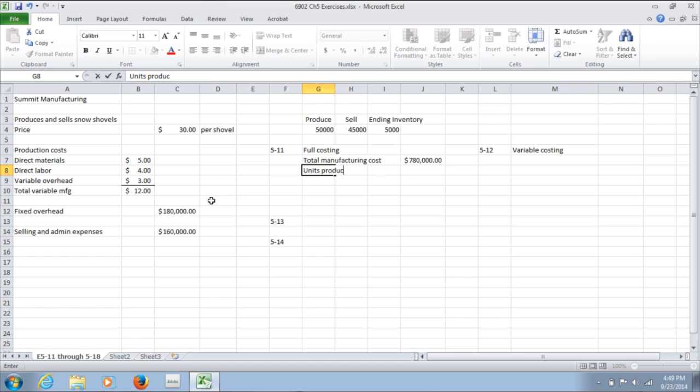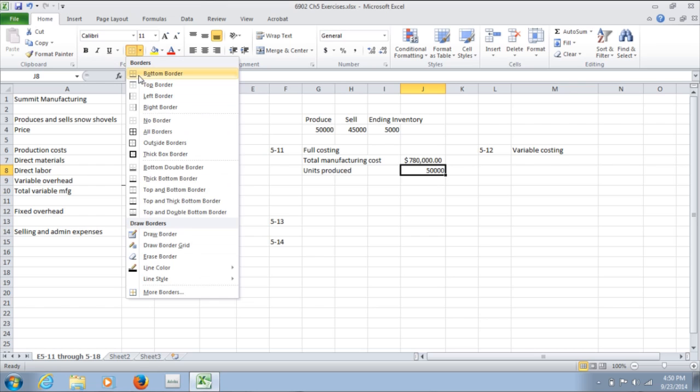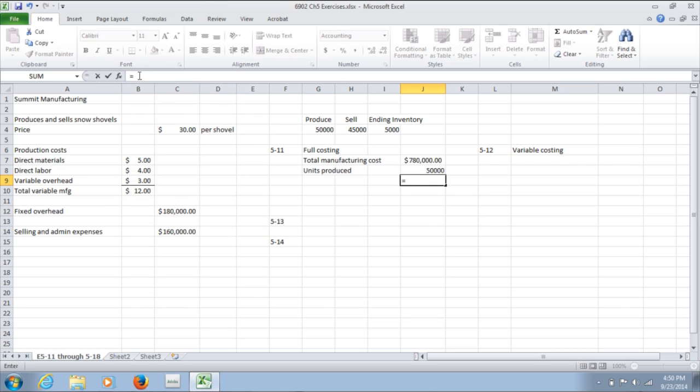Now we take that 780,000 and we spread that under full costing over the 50,000 units that were produced. So we take 780 and divide by 50, and we get $15.60 per shovel. We call that the unit product cost.